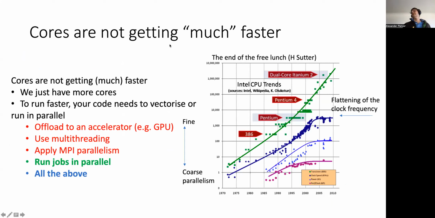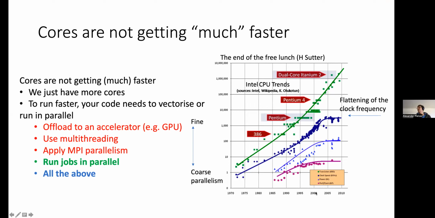Now, one of the things that we need to remind ourselves is that the cores are not getting much faster. It used to be maybe 15 or 20 years ago that if you bought a new computer, a new CPU, then your code would run twice as fast every 1.5 years or something like that. That was known as Moore's law. But that stopped. What I'm showing here on these graphs, ignore the details. I understand that maybe you're not going to be able to see all the little labels, but you have that curve here, the dark blue one, which flattens out.